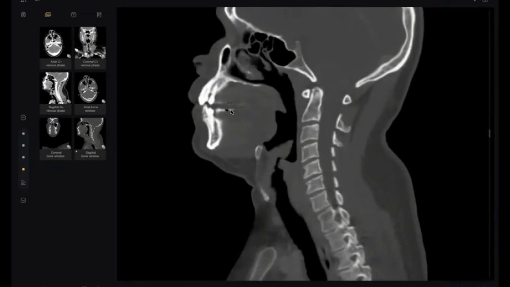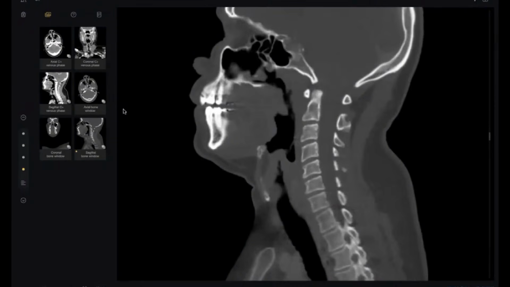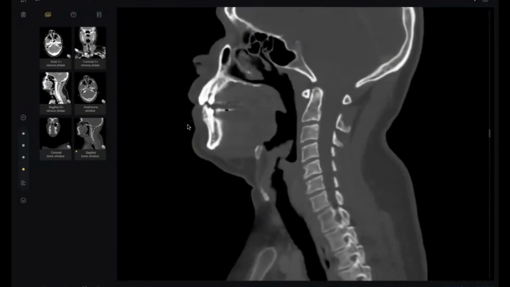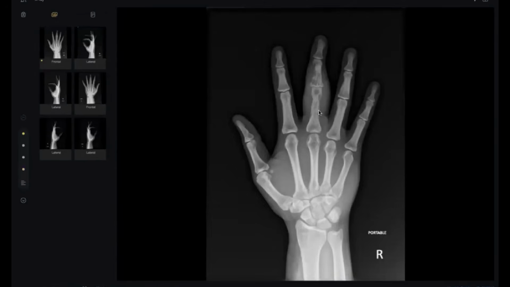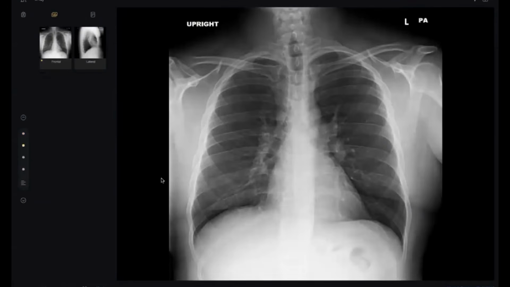Okay. If I told you the key of this image is here, this, sir, is a very characteristic sign for a very specific disease. Number two, this disease is also diagnosed from here.